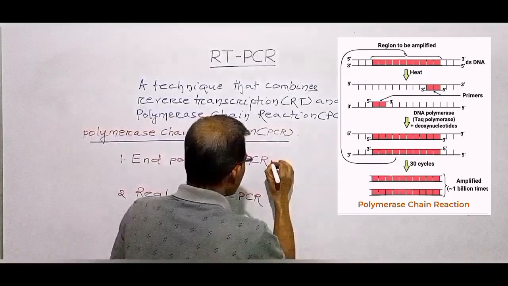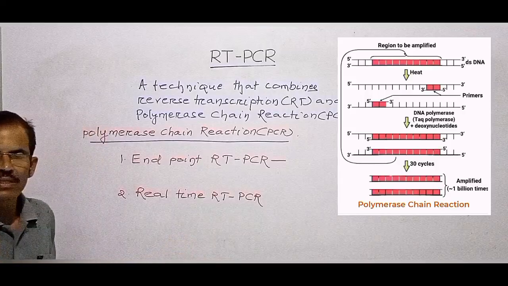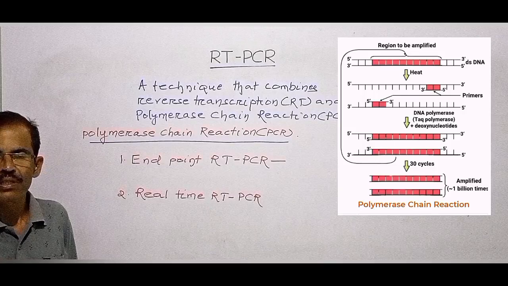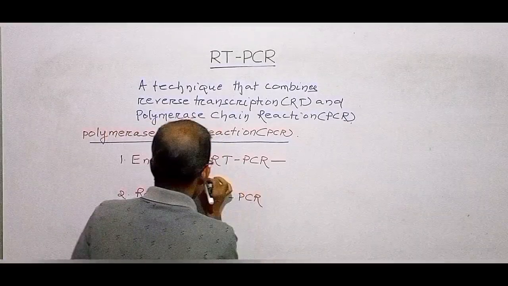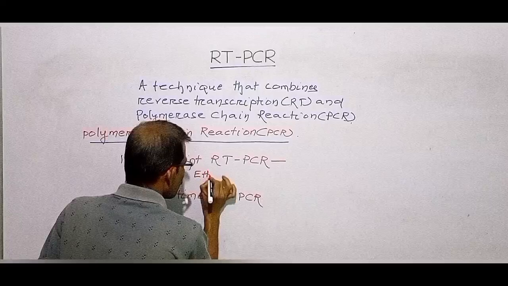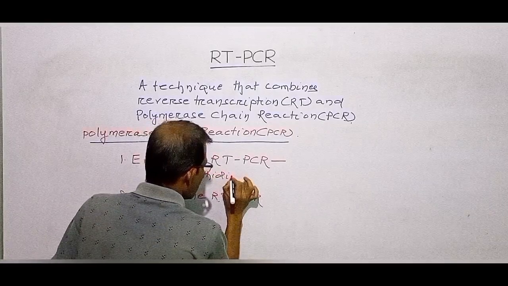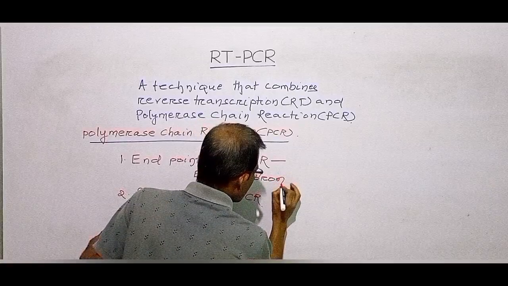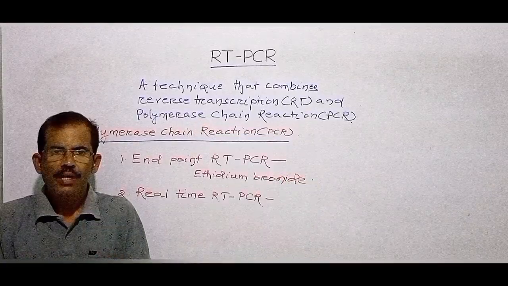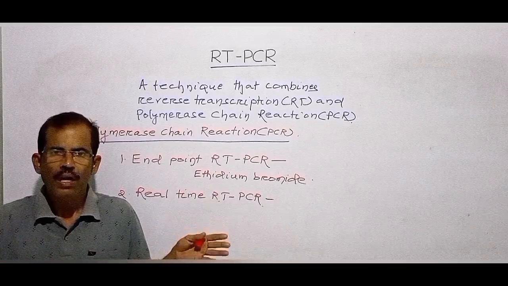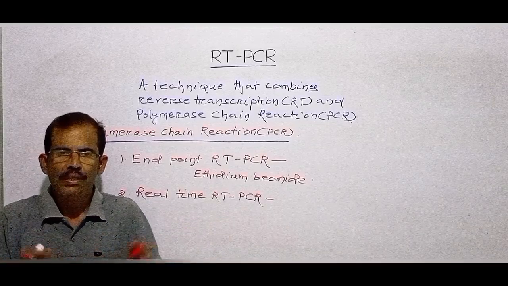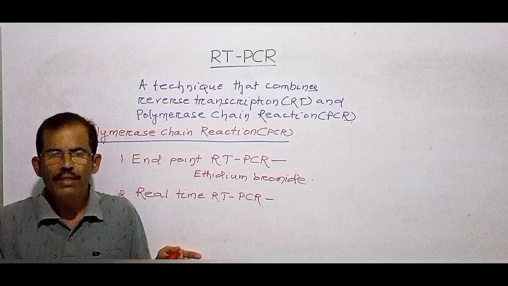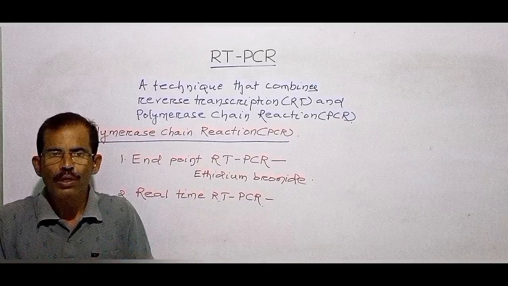In endpoint RT-PCR, the amplified cDNA copies are analyzed only at the end of the process using a fluorescent dye such as ethidium bromide, by gel electrophoresis. By contrast, in real-time RT-PCR, the amplified cDNA copies can be analyzed in real time, that means while the amplification process is still going on.